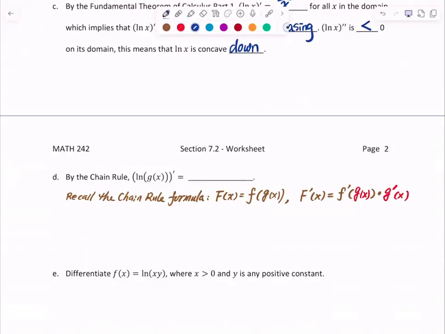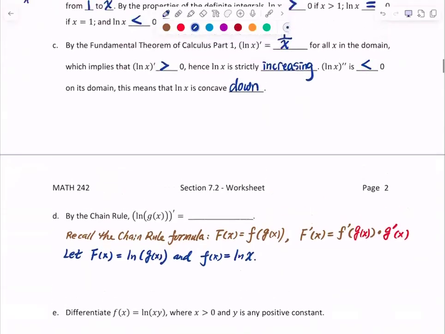So let's try to match this up. So it helps us to apply the chain rule, right? So that F of x, the big F, to be ln of g of x. And we call ln the little f function. All right, what's the derivative of ln?